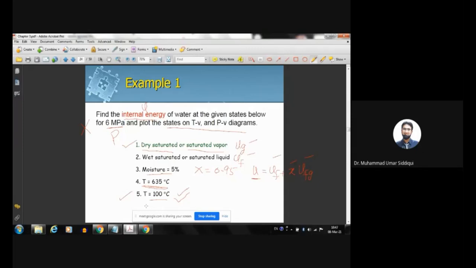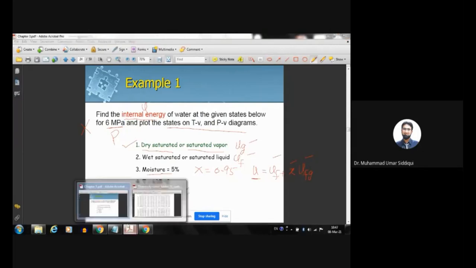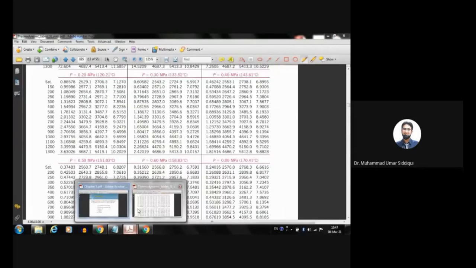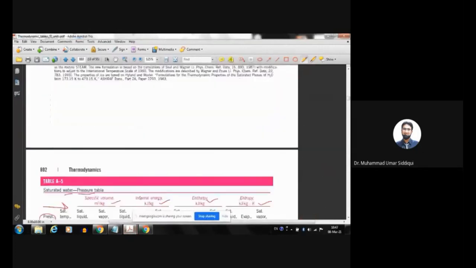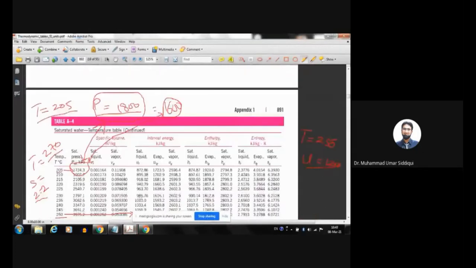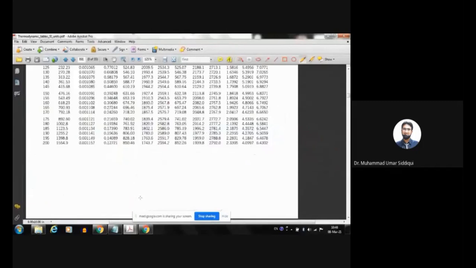So we can get the value of internal energy from the saturated table, and this way is the approximate way. We have to ignore the pressure, and go into the saturated water temperature table and take the UF value at 100 degrees centigrade.